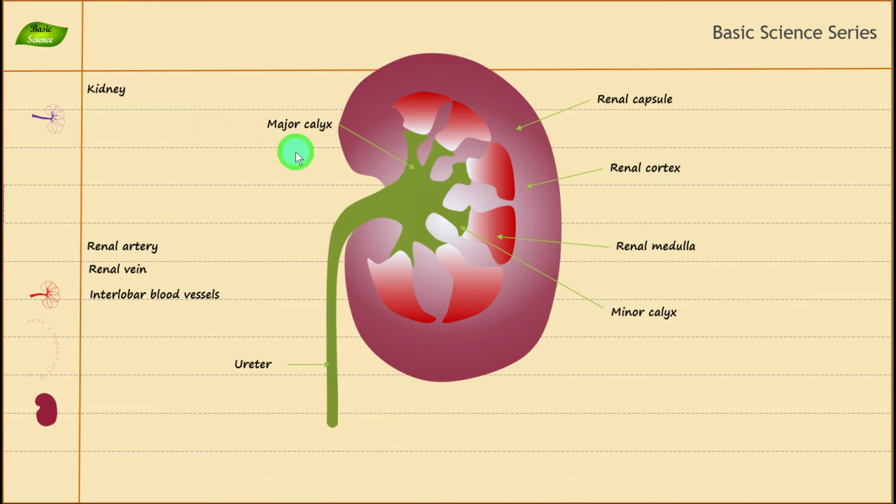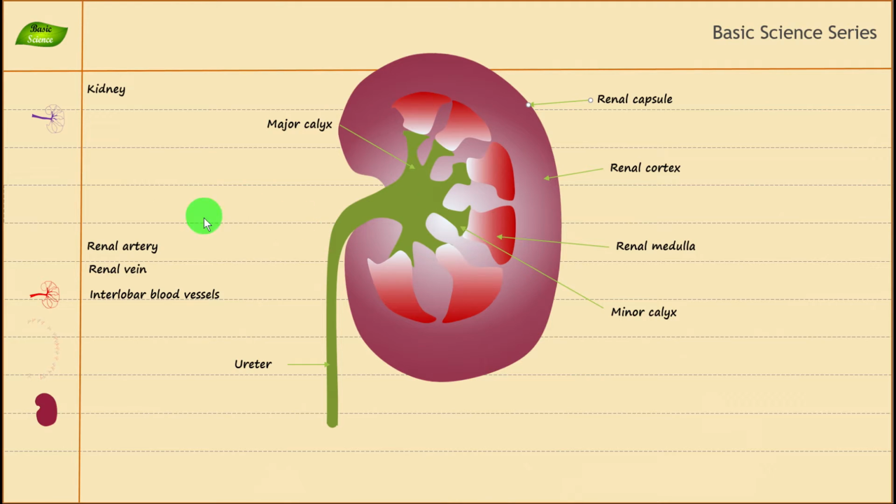So you have major calyx, you have renal capsule, which I've already told you is the thin sheath that covers the kidney. Then you have renal medulla, then you have minor calyx. So as you can see, the structure is getting there. It's giving us the appearance of the kidney.